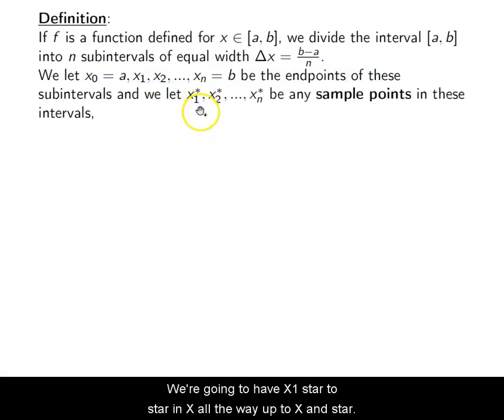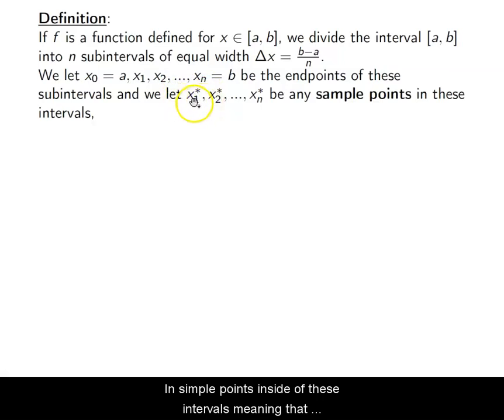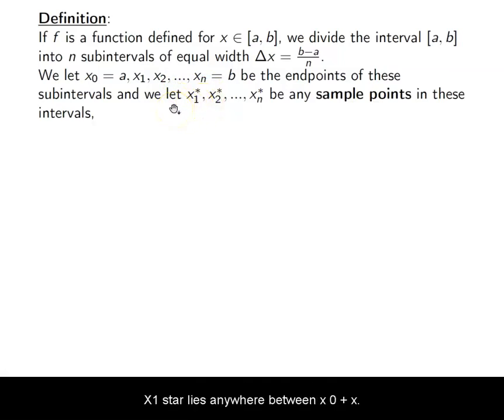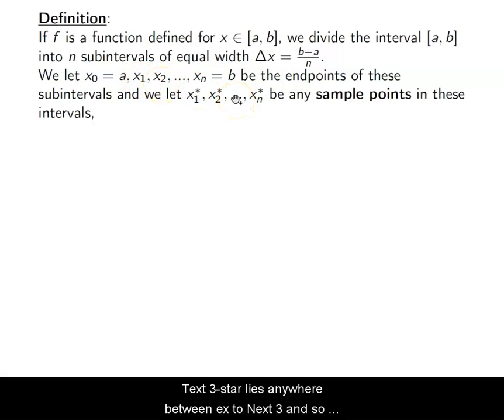Okay, we're going to have x1 star, x2 star, all the way up to xn star be any sample points inside of these intervals, meaning that x1 star lies anywhere between x0 and x1. x2 star lies anywhere between x1 and x2. x3 star lies anywhere between x2 and x3, and so forth.